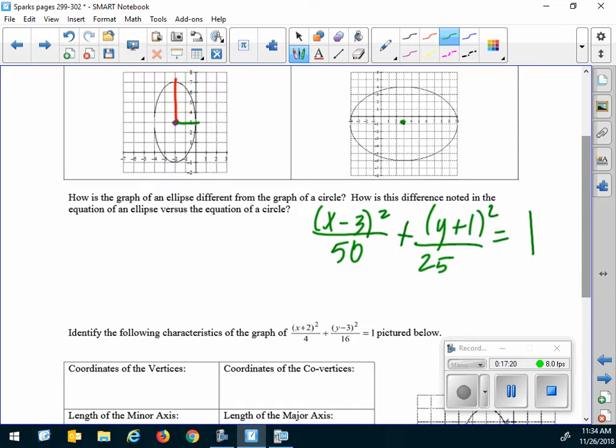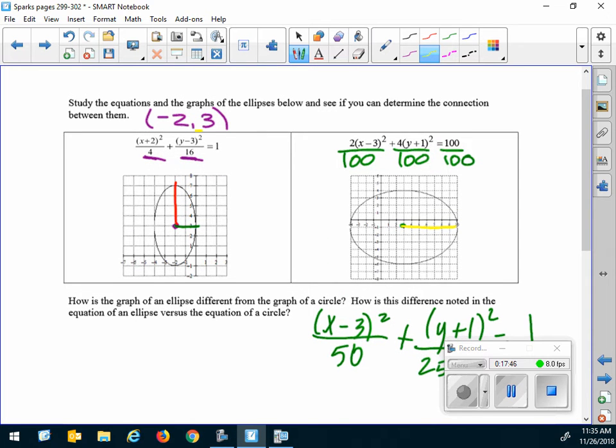All right. Now let's talk about those lengths. What is the length of the major axis? Major? 1, 2, 3, 4, 5, 6, 7, like 7. Now, what do I do with that number to put it in the equation?